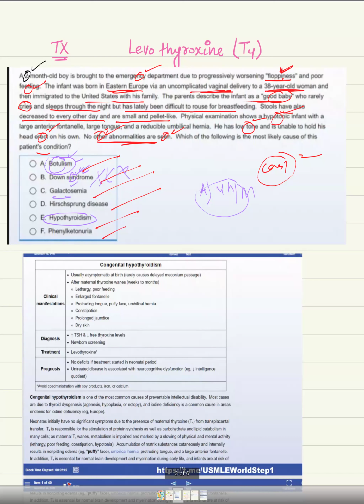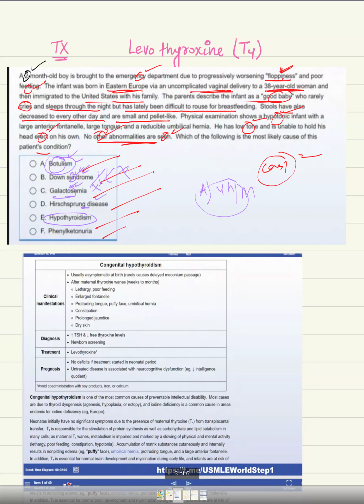Basically, you just have to remember these babies especially have jaundice, vomiting, and an enlarged liver, especially when they breastfeed, because breast milk contains galactose, and this is a condition related to galactose metabolism. That's why it is called galactosemia. Here the question is not telling us the symptoms occur after breastfeeding, so it is not going to be right.